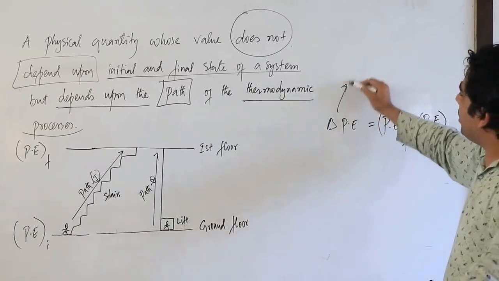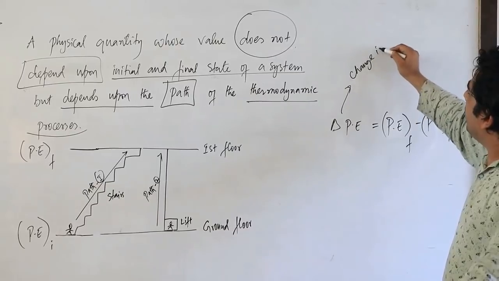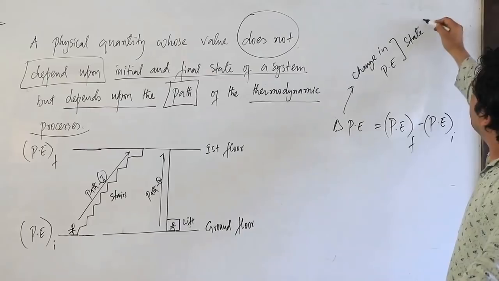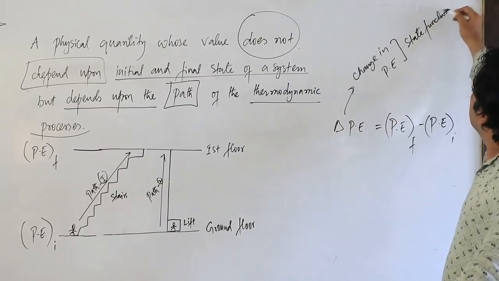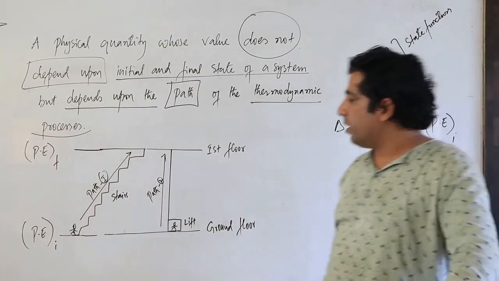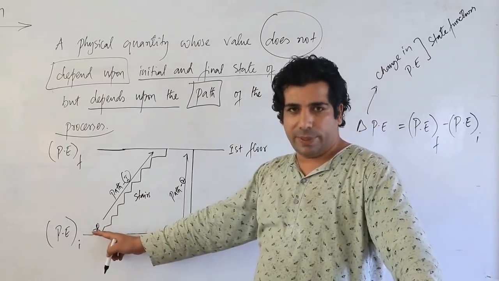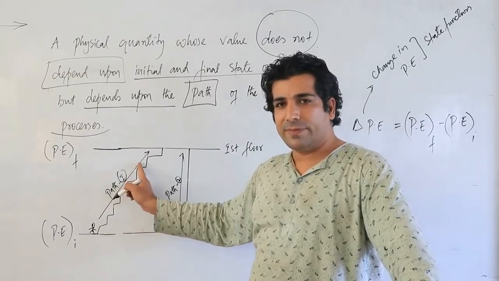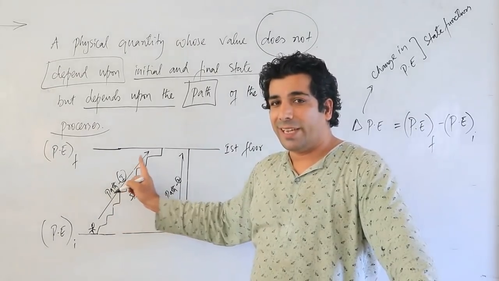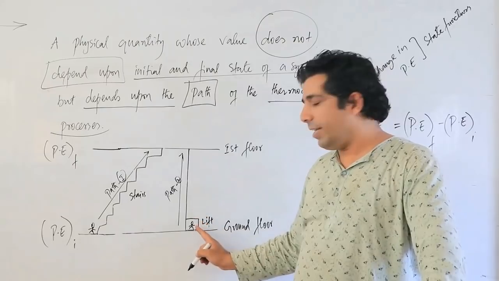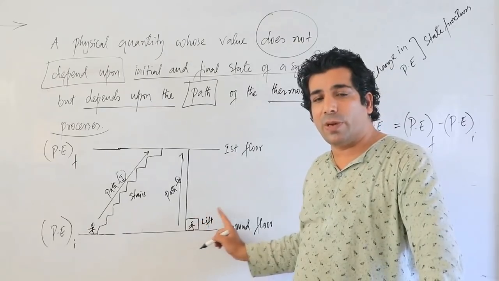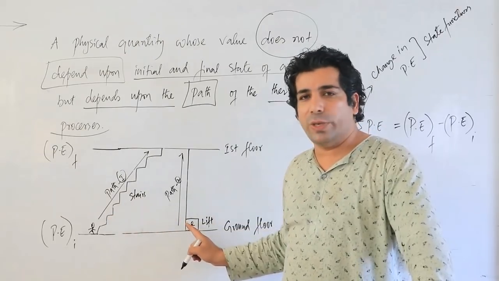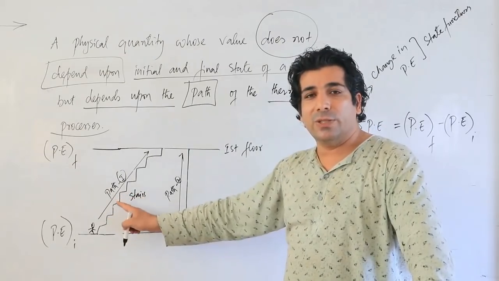This change in potential energy is nothing but a state function. But the work done by the person when he climbs the stairs is more, and the work done when he enters the lift and goes from the ground floor to the first floor is less. So both persons are not doing equal work.